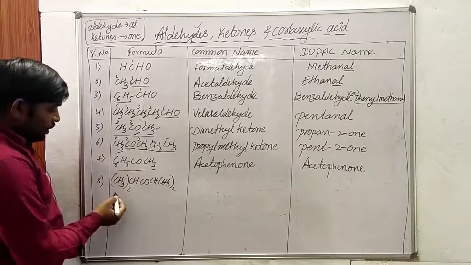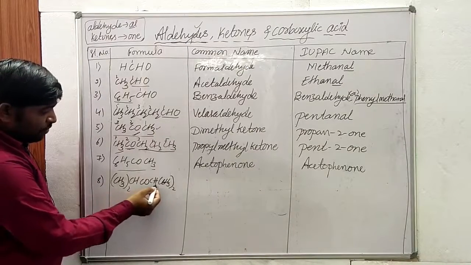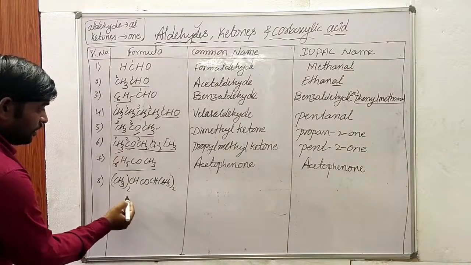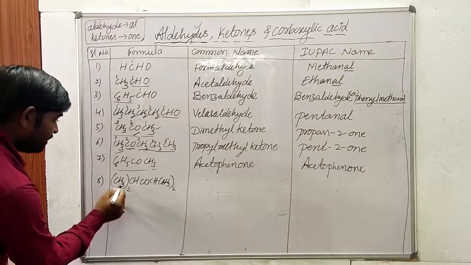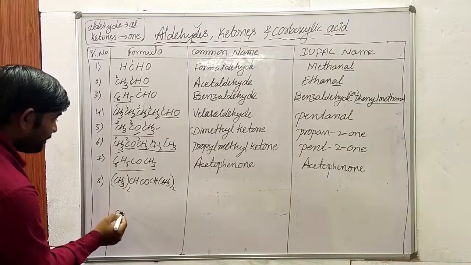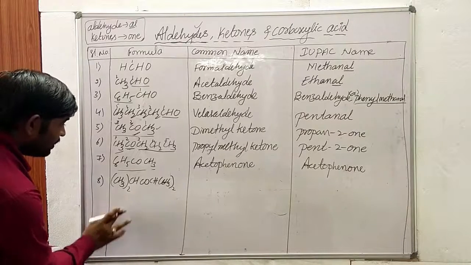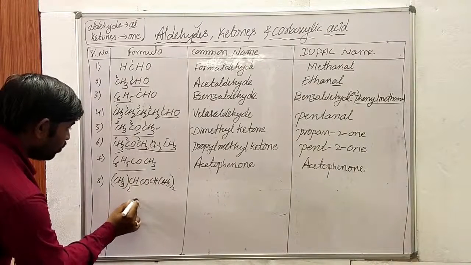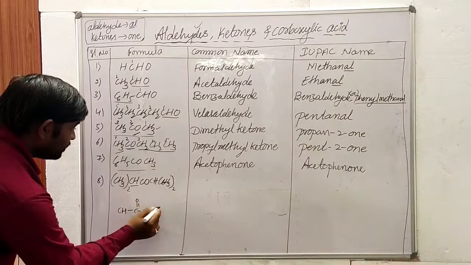The next molecule is (CH3)2CHCOCH(CH3)2. So what is the molecular formula? We may represent this as CH3 twice, CH, C double bond O, CH, and CH3 twice.